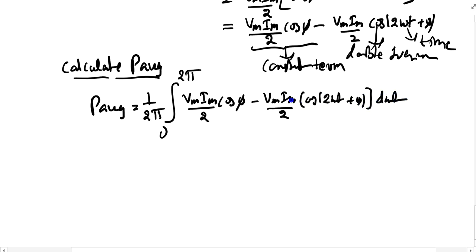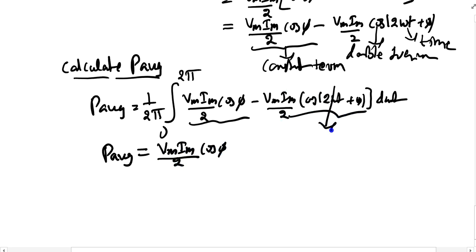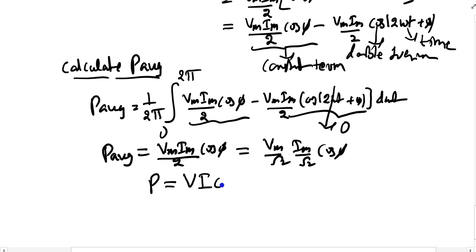If you do the integration, the constant part gives P average equal to Vm Im by 2 cos phi, but the integration of the second part is going to become 0. So I can write Vm by root 2 and Im by root 2 into cos phi. So my P average is coming V I cos phi. That is what I'm getting here.